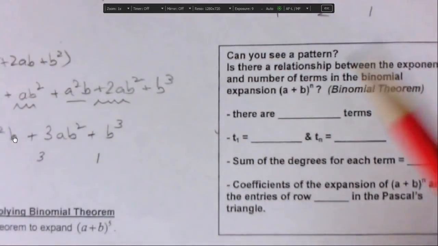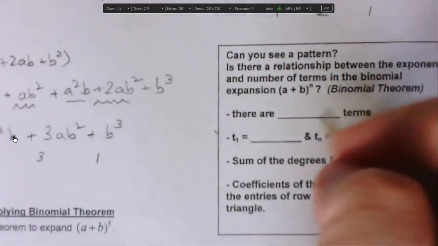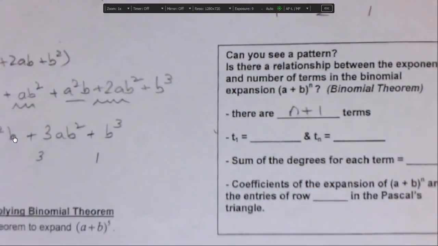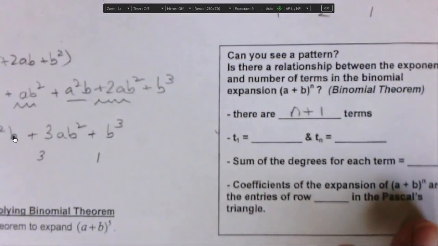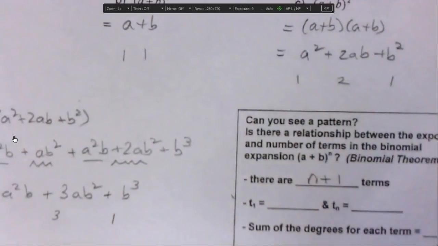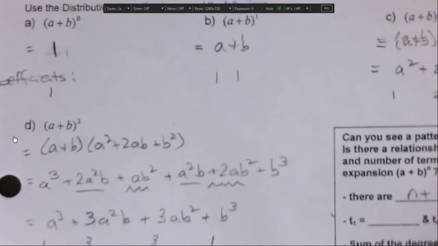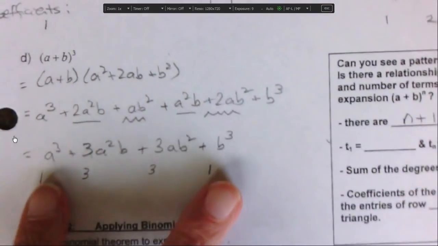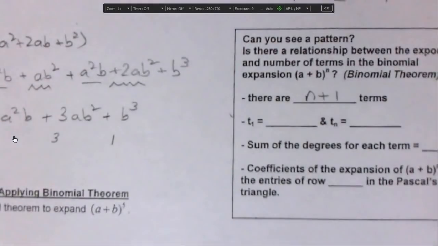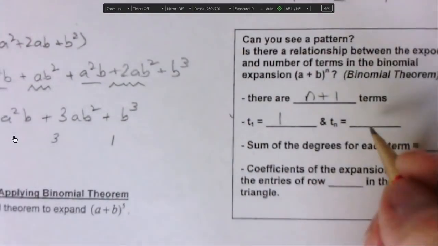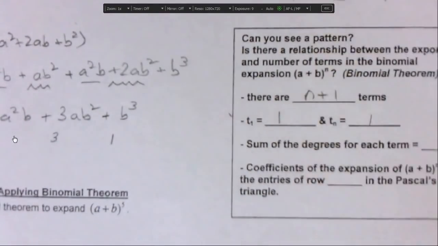When n is 1, we have 2 terms. So, if the exponent is n, then there are n plus 1 terms. Look at the coefficient of the first term and the last term, always 1 and 1, 1 and 1. So t1 is always going to equal 1, and the last term is always going to equal 1.